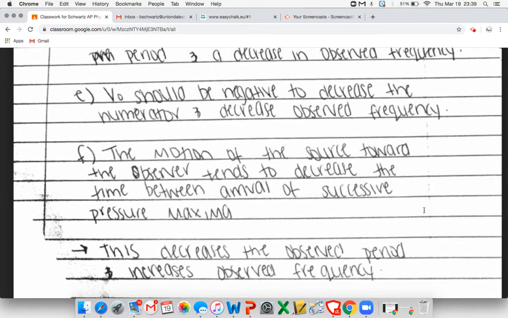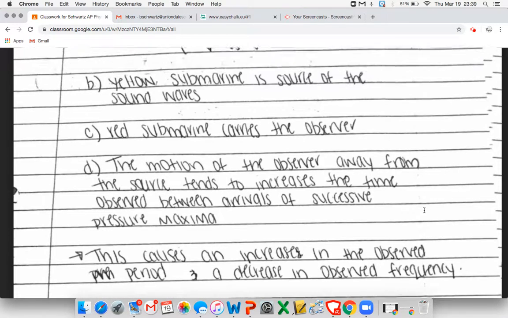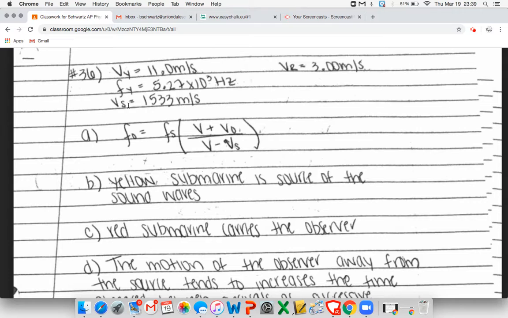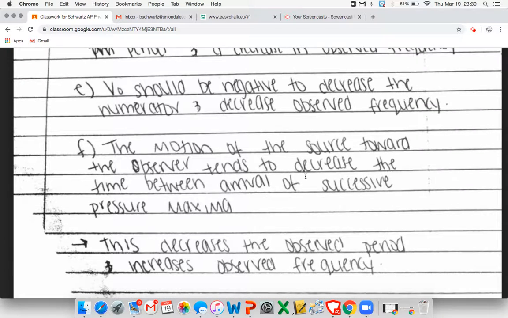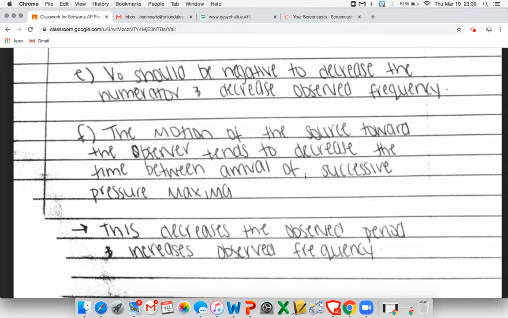For letter E, should the sign of V naught be positive or negative? Well, it should be negative to decrease the numerator and decrease the observed frequency. You have to make sure, here's your formula. So if you want to decrease the observed frequency, the numerator must be negative. Letter F, does the motion of the source submarine increase or decrease the time observed between the pressure maxima?